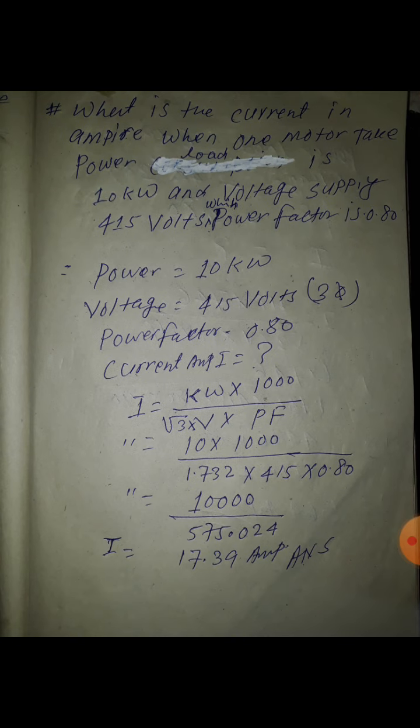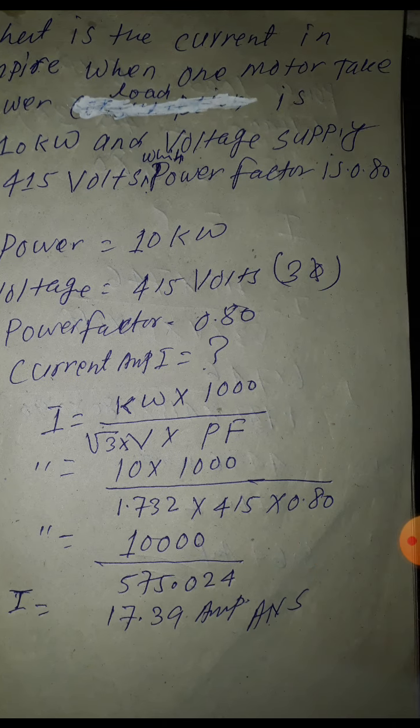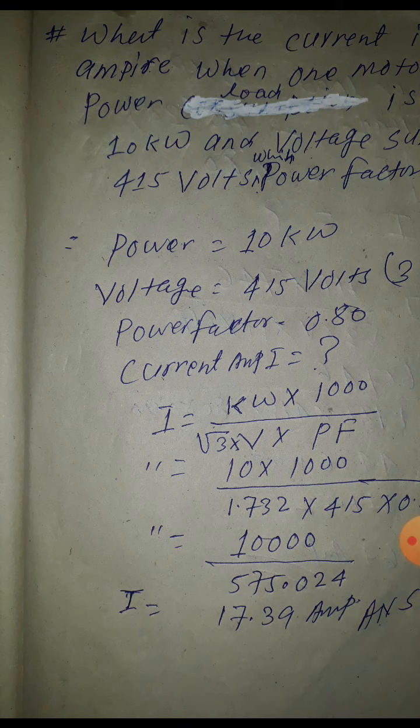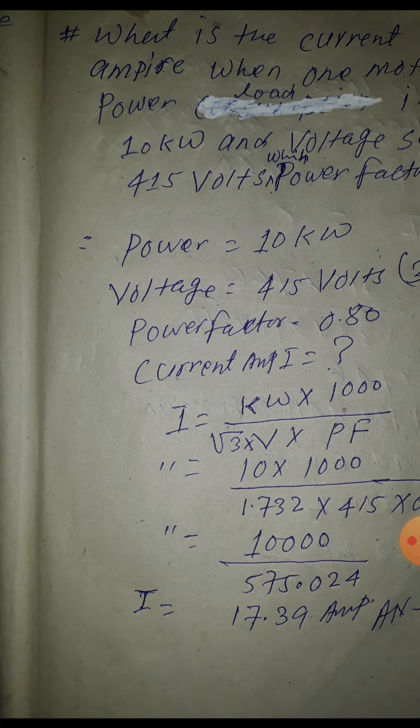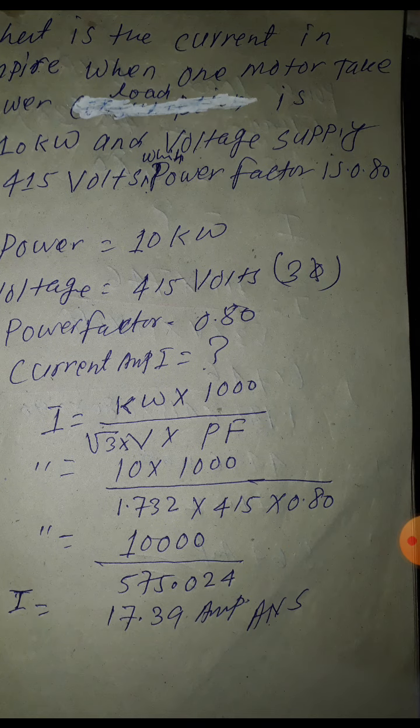Okay, so one example: what is the current in amperes when one motor takes a power load of 10 kilowatts, with a supply voltage of 415 volts and a power factor of 0.80?